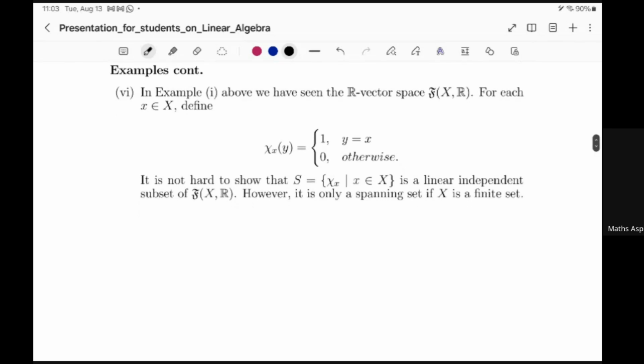Now, say for each small x in capital X, we define a function chi sub x of y to be equal to 1 when x and y are the same, and 0 otherwise. Okay? So this is going to be a linearly independent subset of script F of X.